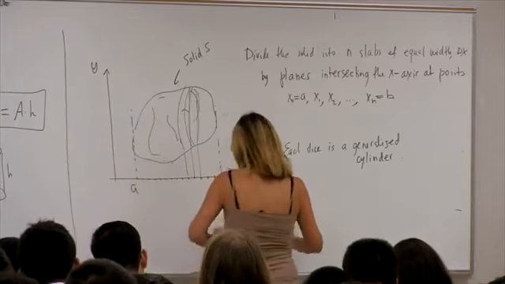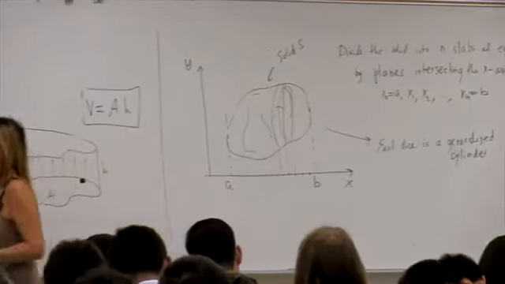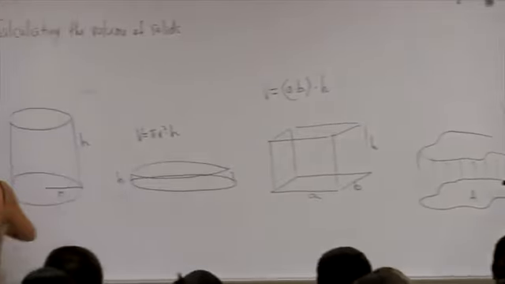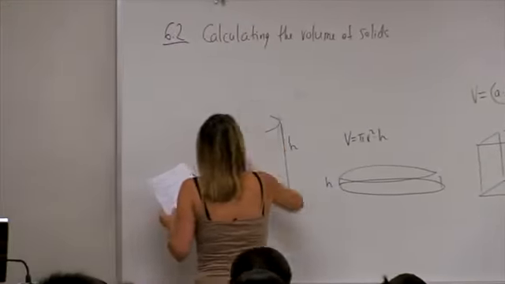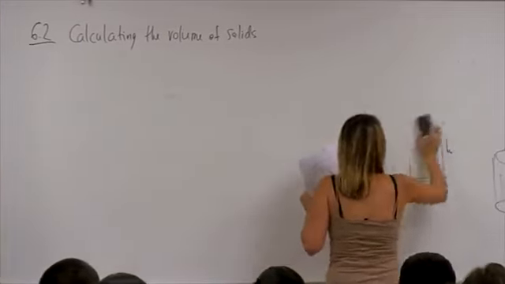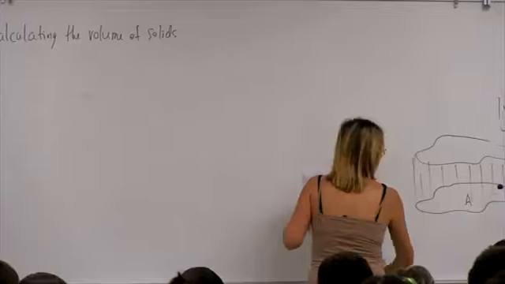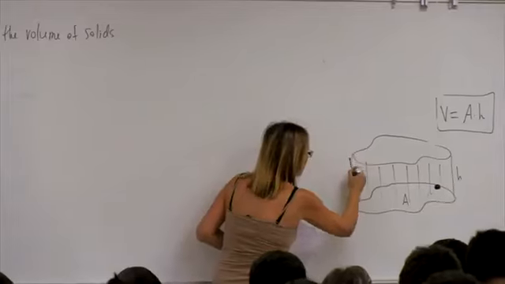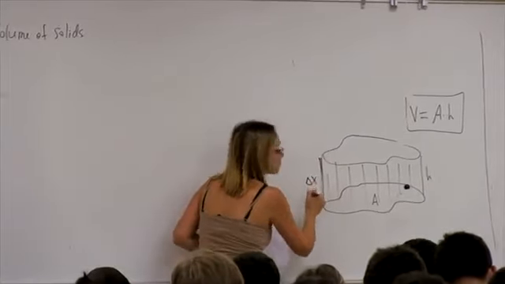And so at each of those slices, I need to determine their area. So they're going to look like this. What is the height here? That's delta x, right?